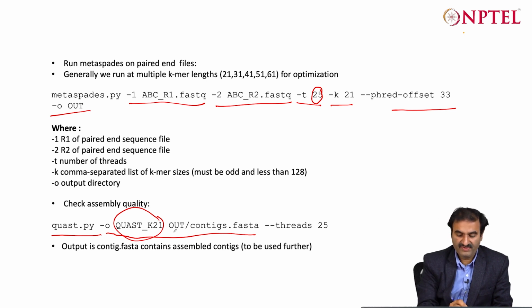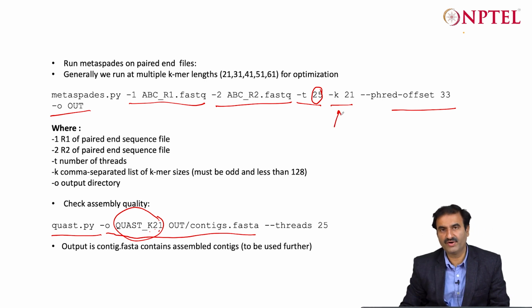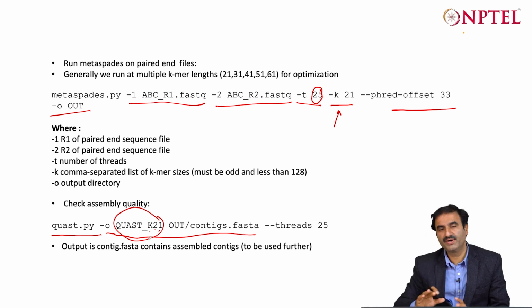At this point I've named it quast K21, because you might be using different K-mers for running. So at 21 this is the quality, at 22 or 31 this is the quality. The folder quast K21 will store the quality statistics for K-mer 21. When you use another K-mer you can name it quast 31, so that you don't get confused.